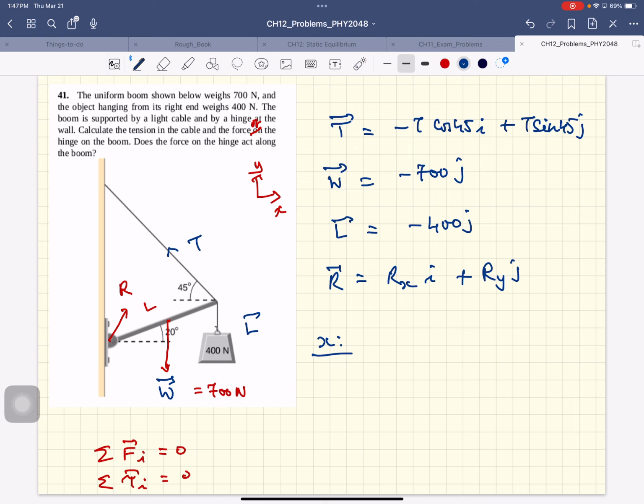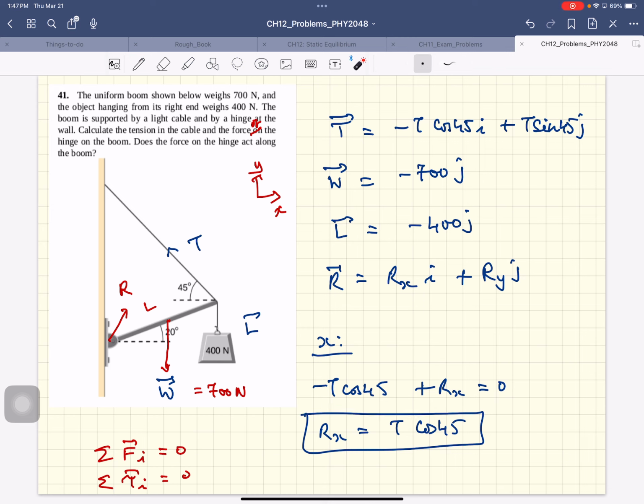So minus T cosine 45. These two have no x component, plus Rx equal to 0. So we have the reaction. The x component of that is equal to the x component of that.